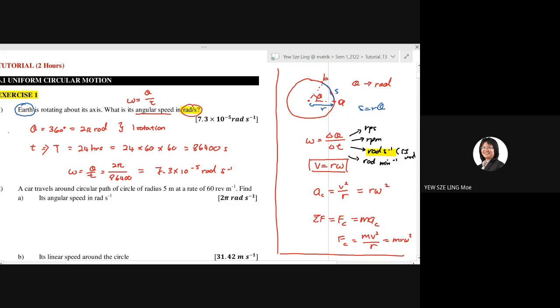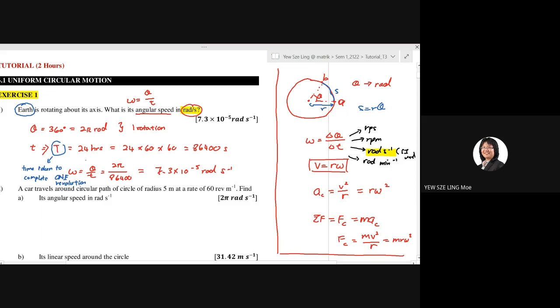All right. The reason why I use capital letter T here is because I'm looking at the time taken to complete one revolution. So capital letter T, we only use it for one situation, which is the time taken for one complete, 360 degree rotation.